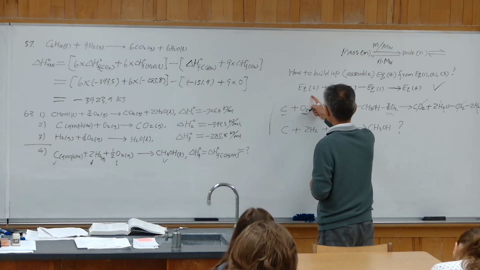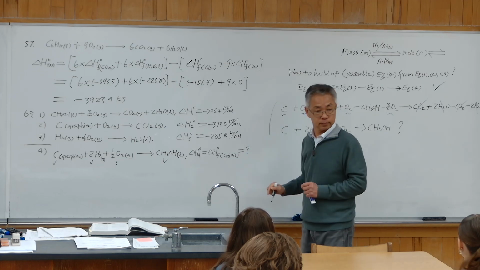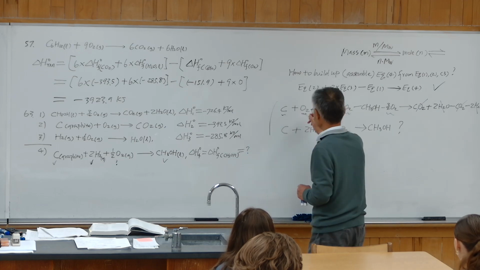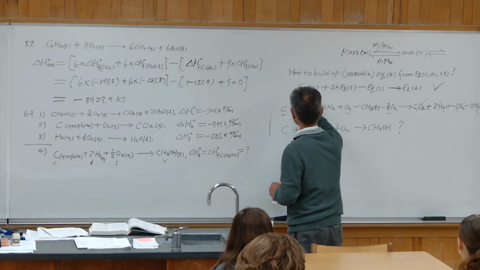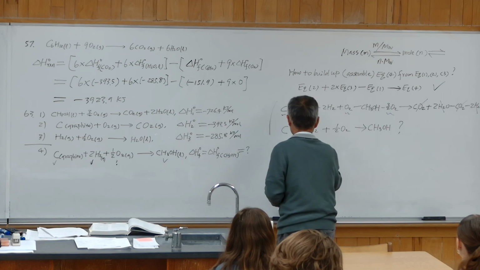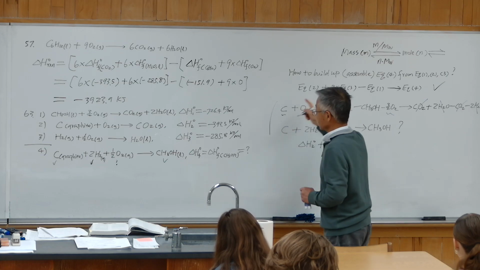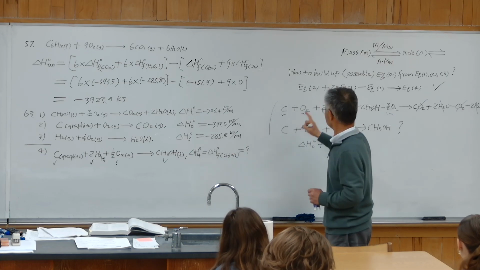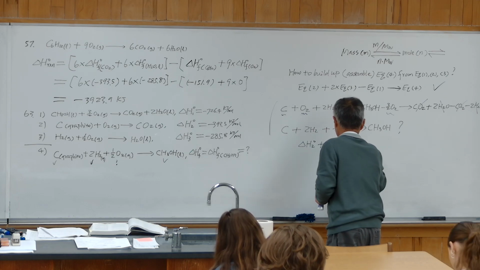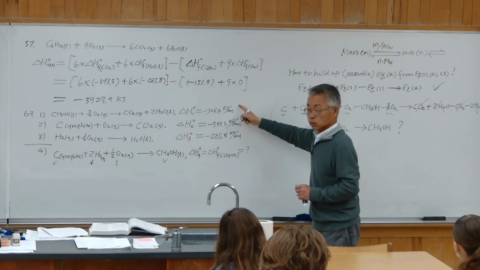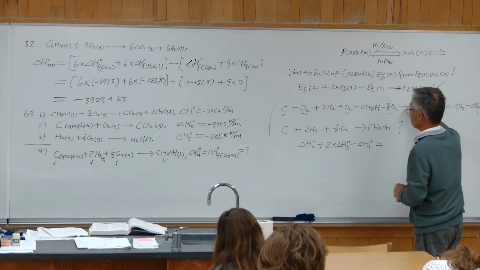Then from this, that means delta H4, because we want this, right? Delta H4 comes from delta H2 for equation 2, right? So delta H2. Equation 3, delta H3, but you need a times 2, because 2 times equation 3. 2 times delta H3. Equation 1, minus delta H1, to give us equation 4.